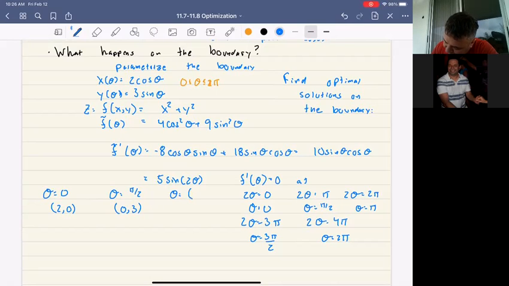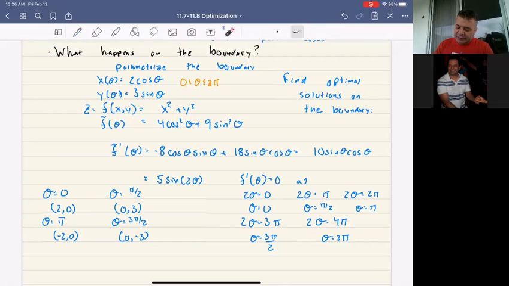Theta equals pi is negative 2, 0. Theta equals 3 pi over 2, you can kind of guess where this is going, that's 0, negative 3. So now I can plug those numbers into my original z to find where I have maxes and mins.